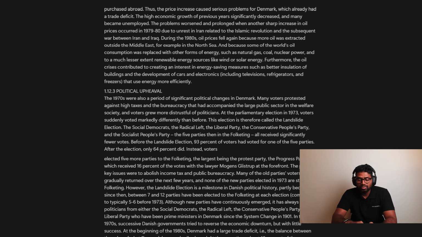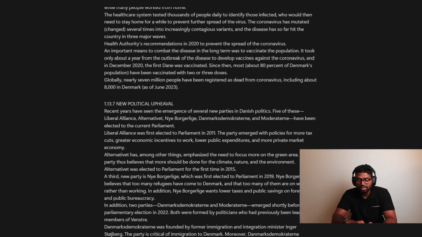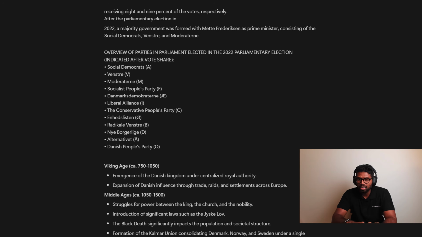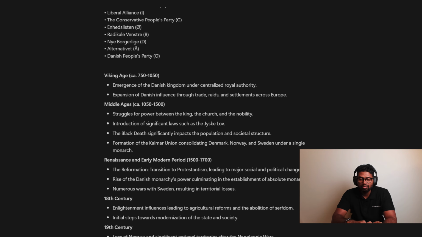What I also did is, while reading through this article and book in English, I've also made tables. That is a very important part of the entire content that I did. So if you scroll down to the end, you'll find that I've made some of the major points into bullets, into high-level information. One could be, for example, Viking age is between 750 to 1050.